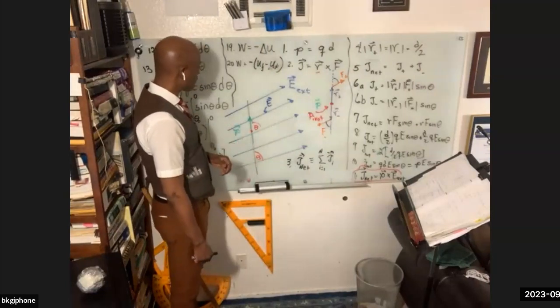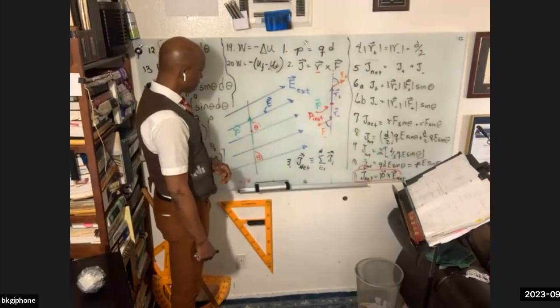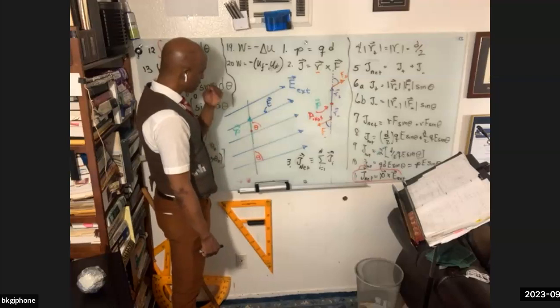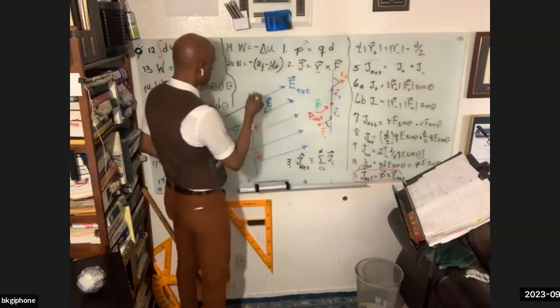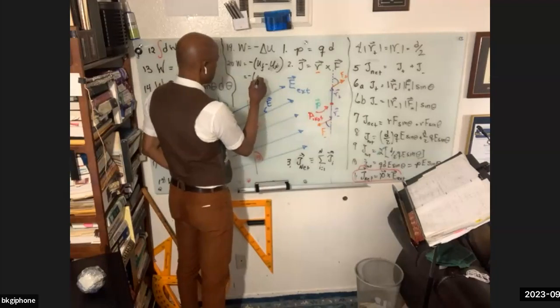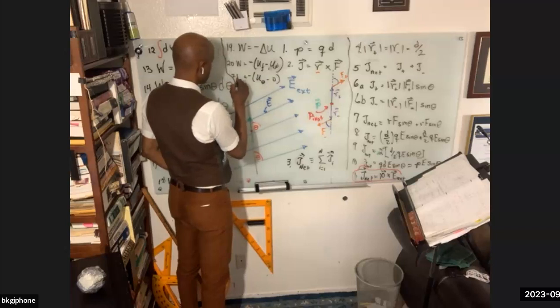So then in that case, it flips around. We're defining the equilibrium position as the initial. So it'll be u theta minus 0. So then we just get that the work done is equal to the negative of the potential energy.